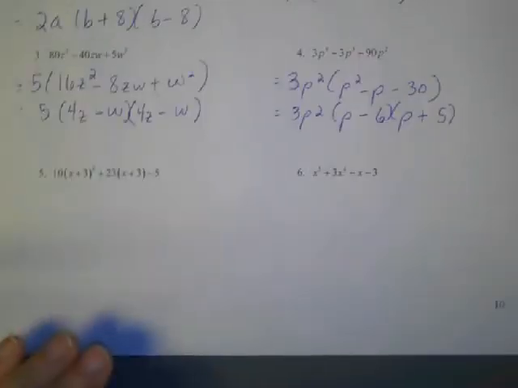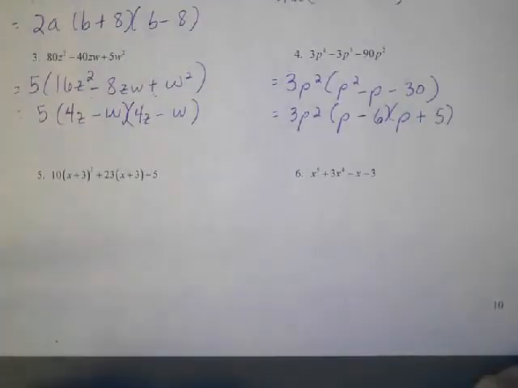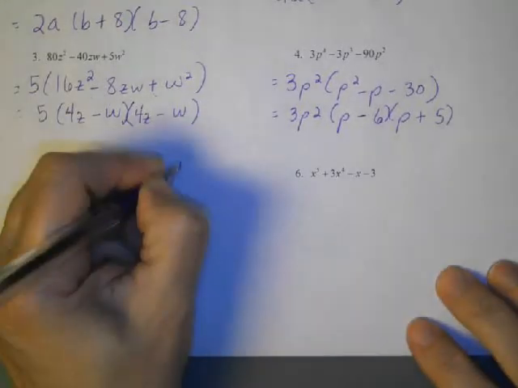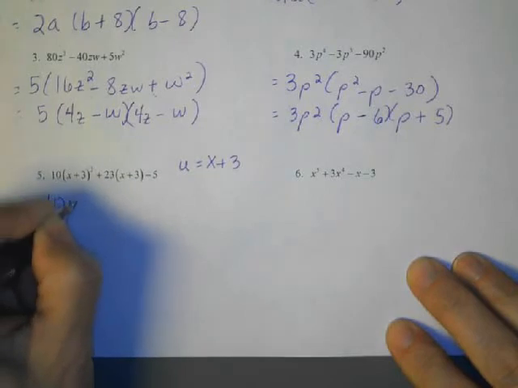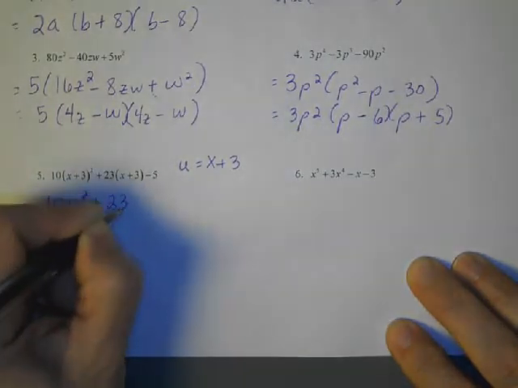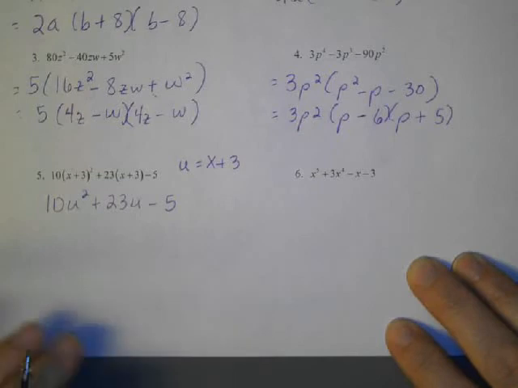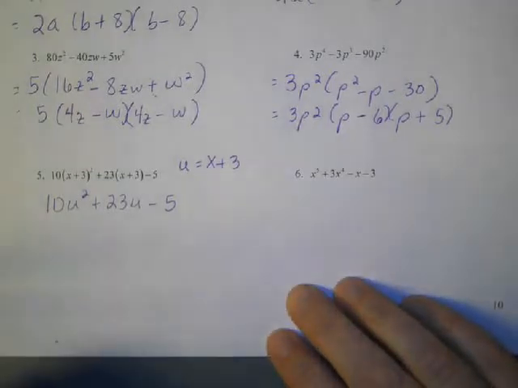Problem 5 is a trinomial, but it has an x plus 3 expression running through it. Too big for us to leave, so we're going to use u substitution. So I'm going to swap out x plus 3 everywhere with u.